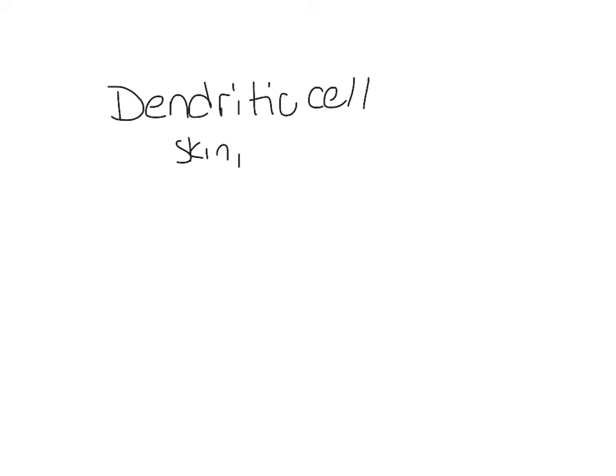There's one more cell that I want to talk about just briefly in the innate immune system, and it's called a dendritic cell. These cells hang out on the surface of your body. They're on your skin, inside your nose, in your stomach, and in your intestines.